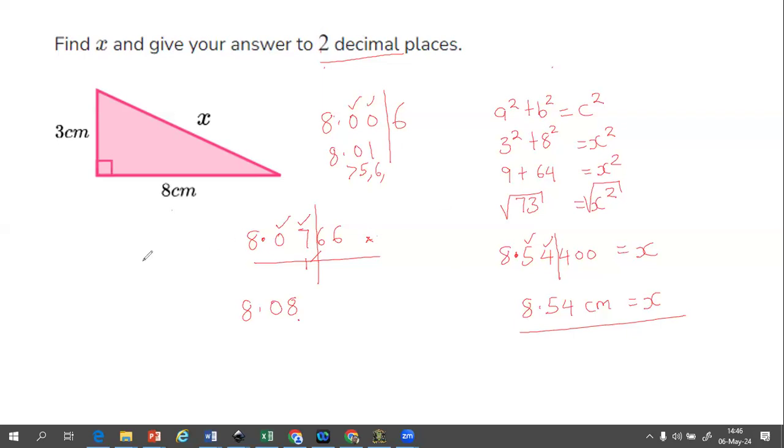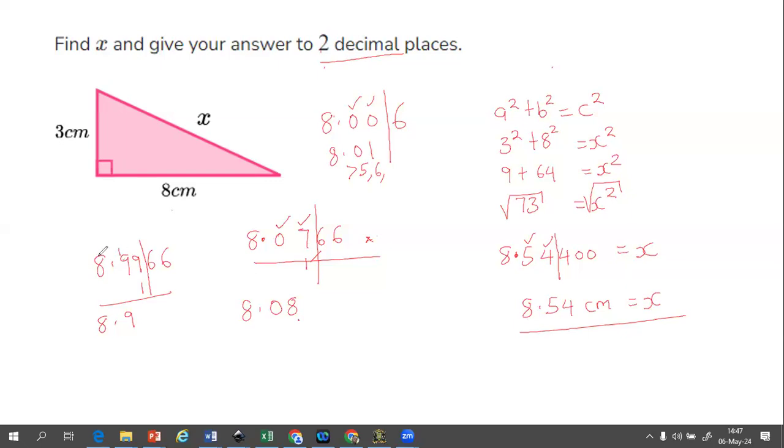What if it is 8.9966? Now for this one, to 2 decimal places, once I terminate, I'm going to add a 1. So it becomes 10, but we don't write 10. So if you add 1 here, this one becomes 10, so you carry on the 1. When I carry on the 1, the next number becomes also 10.